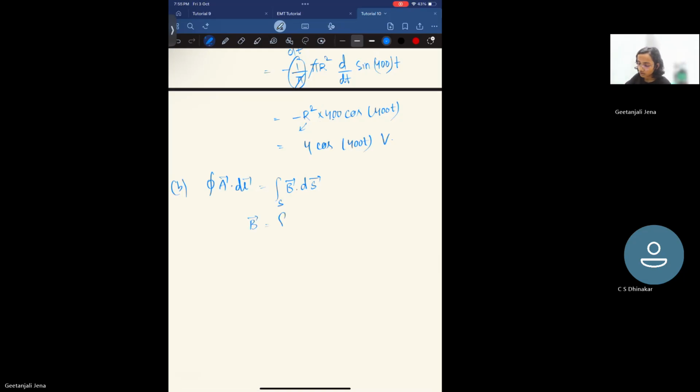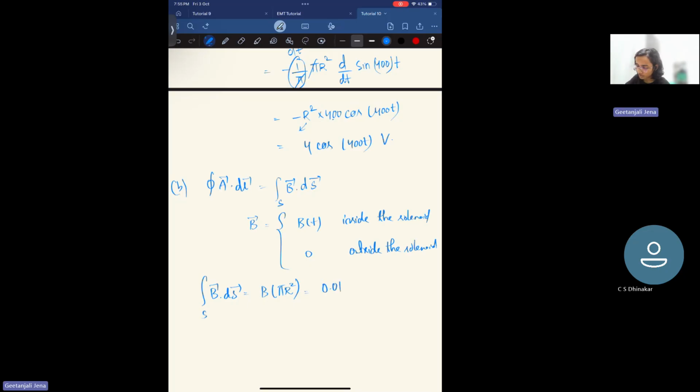B is nonzero inside the solenoid, and it is 0 outside the solenoid. So the flux B dS is B pi r square, which will be 0.01 sine 400t.